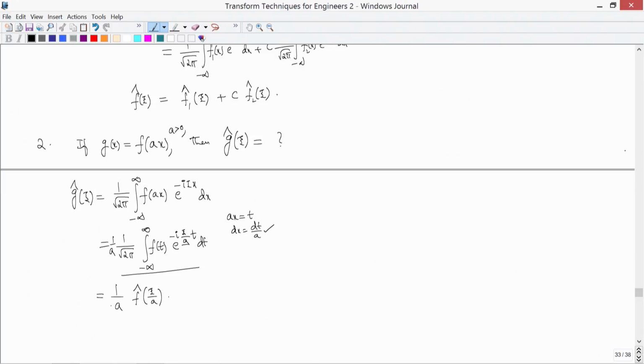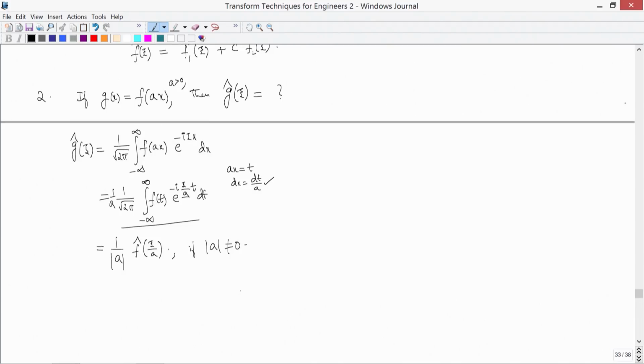So that means what you get is mod of a, where a is non-zero. If a equals 0, there is no such function. Now I can remove the positivity condition: if a is positive, 1 by a comes out; if a is negative, it comes out as minus 1 by a.